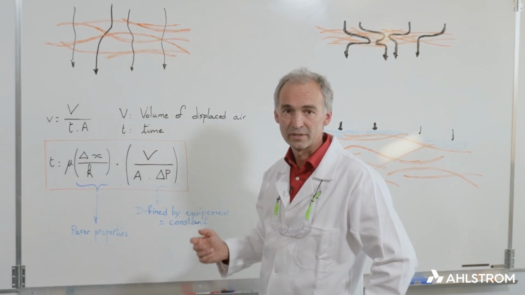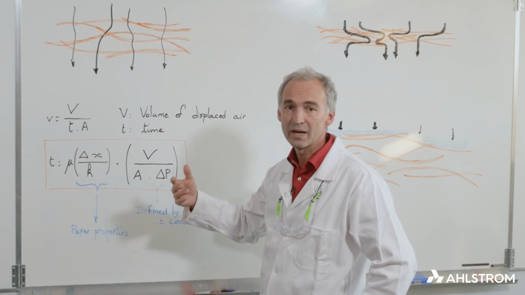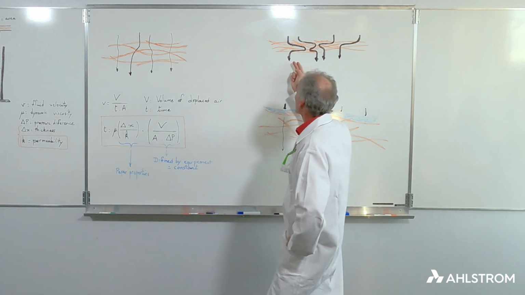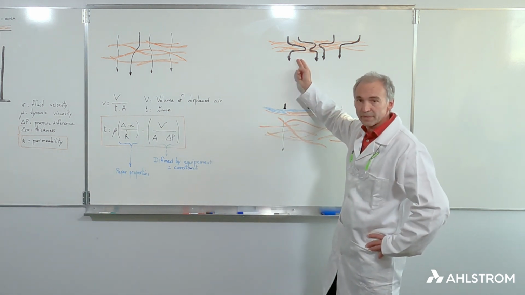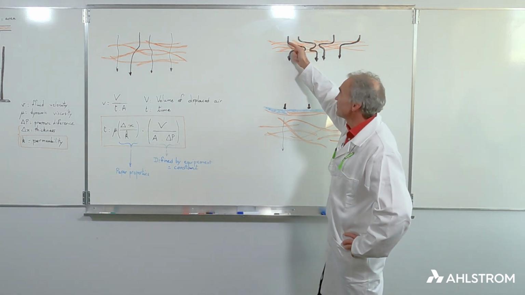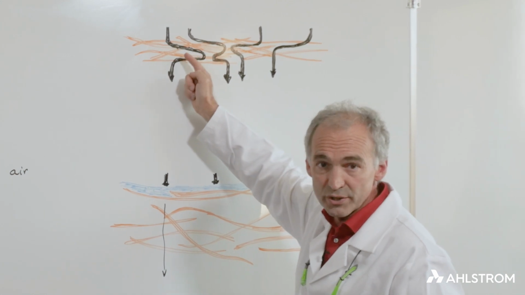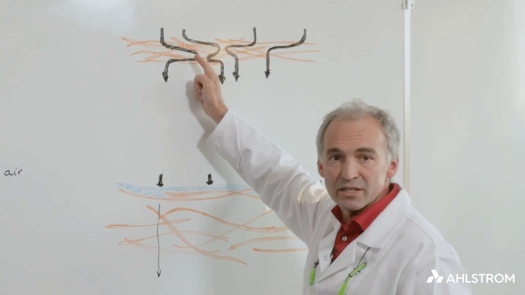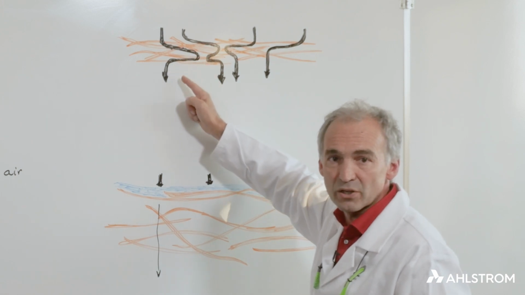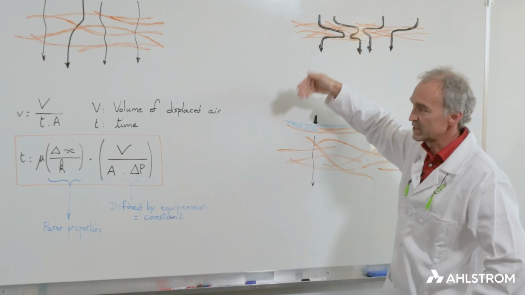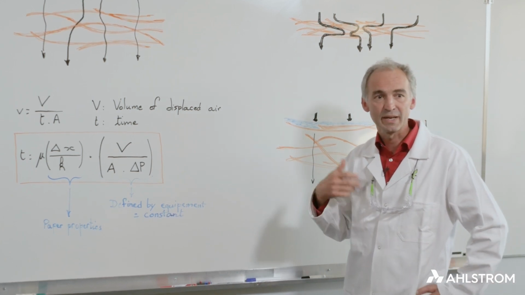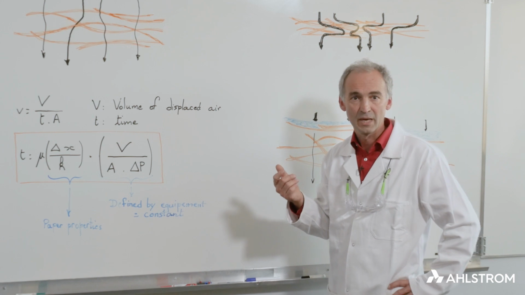There is no resistance, the velocity is high, the time is low. In the closed structure, we have a significant tortuosity. That means that the air has some difficulty passing through the material. The velocity will be lower and the time will increase. So the Gurley index increases.